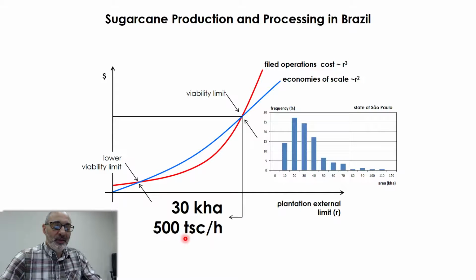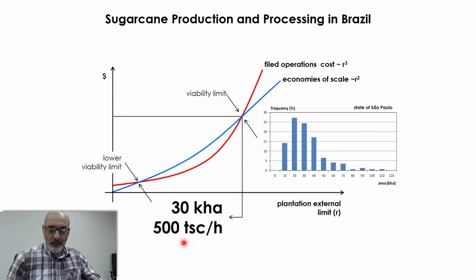TSC means tons of sugarcane per hour, during roughly 200 days a year. So this is the typical size of the plantation area, and this is the typical processing rate of an agro-industrial sugarcane system.